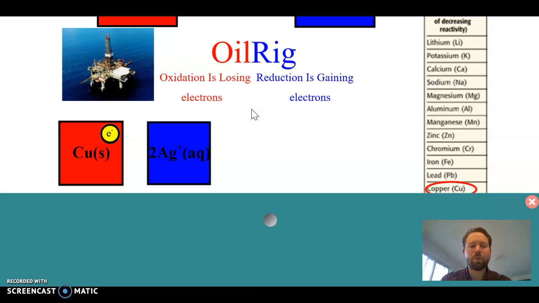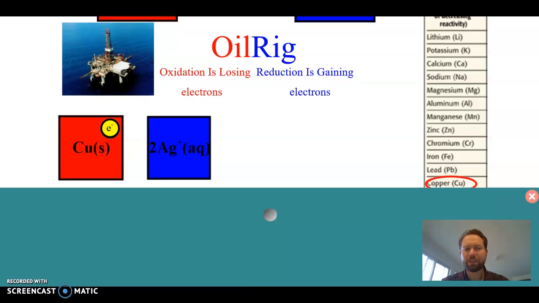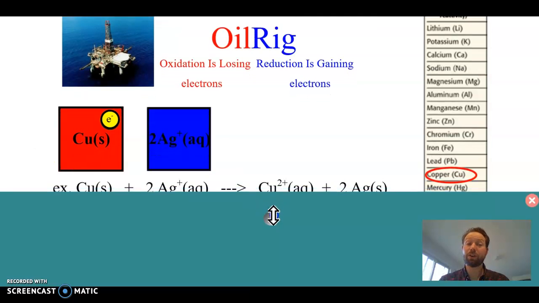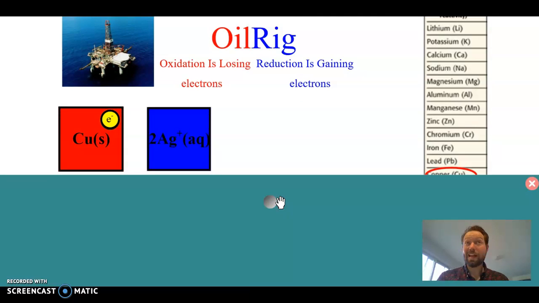When we put it in solution and we add copper, copper wants to get rid of electrons more than silver wants to stay as a cation. So copper is going to get rid of electrons and become a +2 ion. In fact, it's going to get rid of 2 electrons.